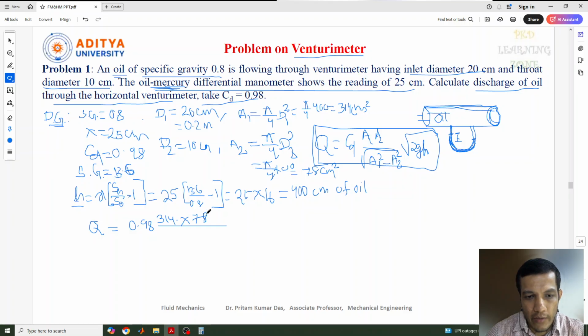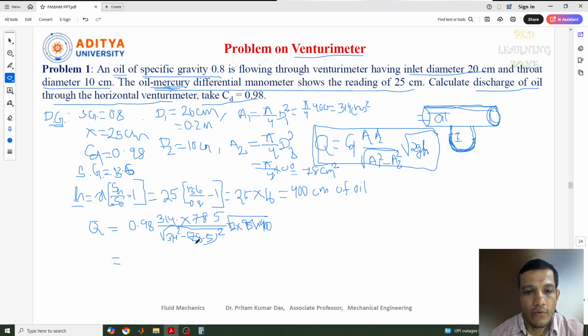This is in the numerator, and in the denominator again we need to write root over of A1 square minus A2 square, that is 314 square minus 78.5 square, in a bracket, into root over of 2gh. 2 into 9.81, I need to write as 981 because that was in meter and here I have converted into centimeter, and this is 400, the H we got from the equation. Now we just need to solve this equation. That's it, no other thing is there.